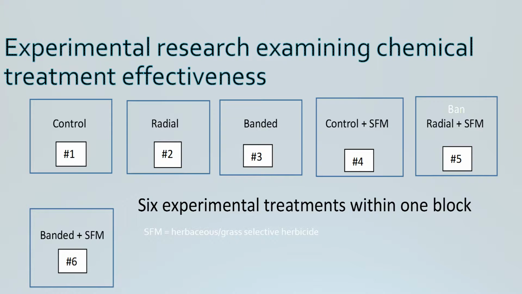Now, in research that I'm looking at, the experimental design is a complete random block, but there are 6 experimental treatments inside of a block. We have a control, but then we have 3 treatments that are only utilizing one type of herbicide, and then you have 2 treatments, the banded plus SFM and radial plus SFM, which are actually utilizing 2 herbicide treatments.